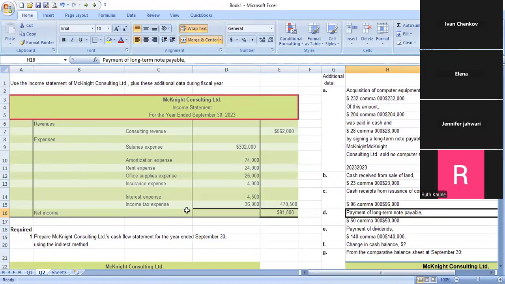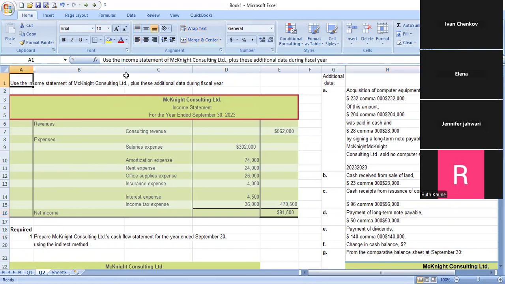So in this type of question, what you're going to see here is: use the income statement of this company plus the additional data during the fiscal year. And what we have to do is prepare the cash flow statement for the year ending September 30 using the indirect method. So first of all, observe the information.